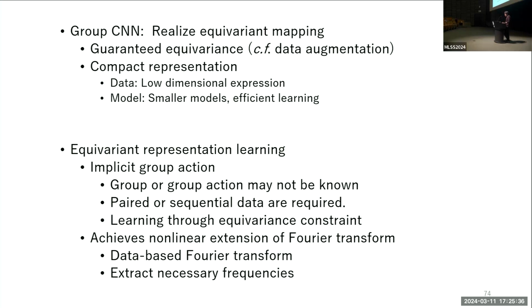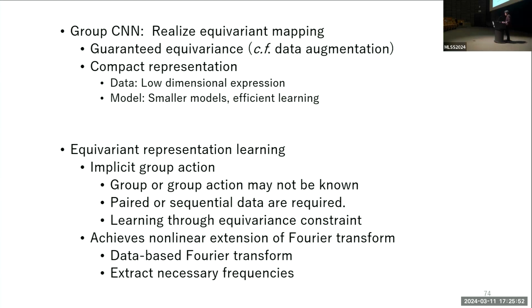And in the last part, on equivariant representation learning, we didn't assume we have knowledge of the group. That is a very new direction in considering the group action.